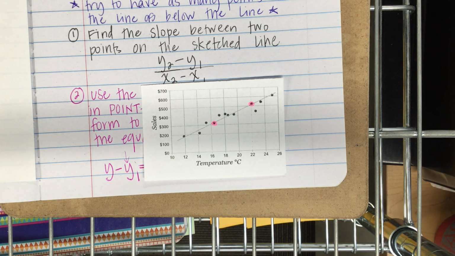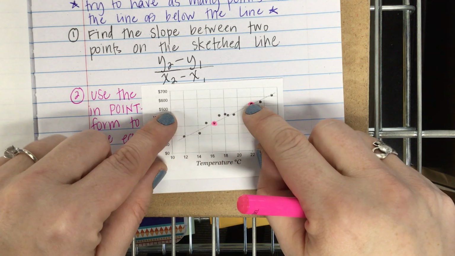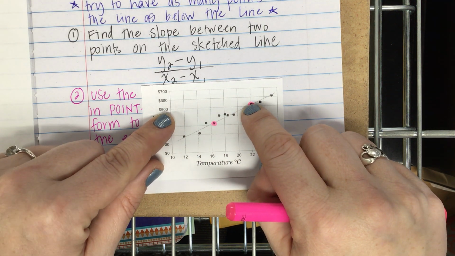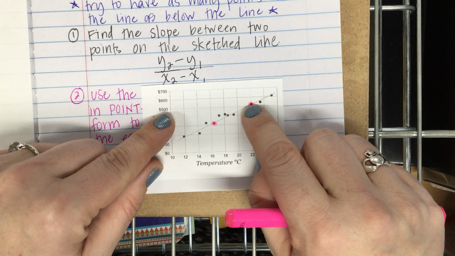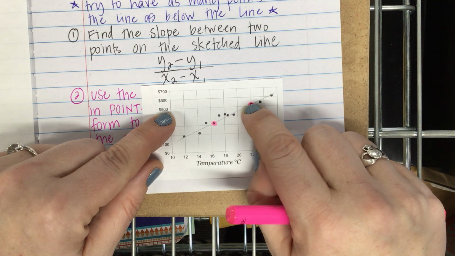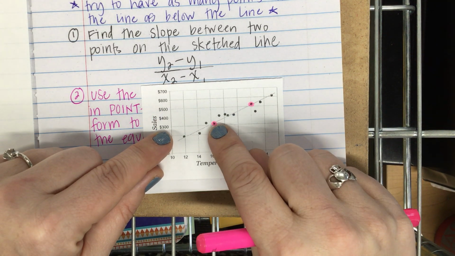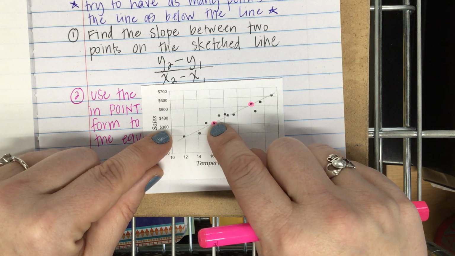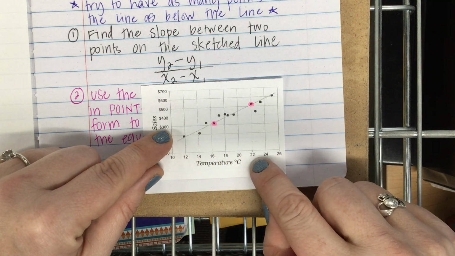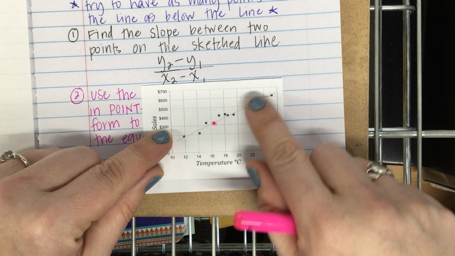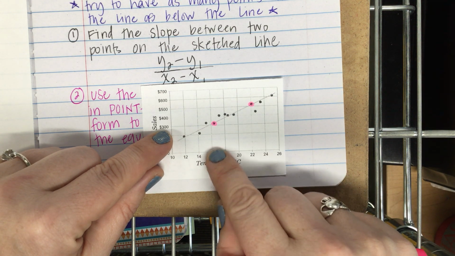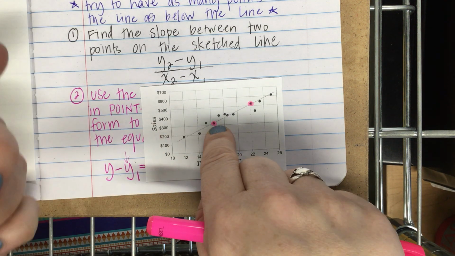I would do y, approximately 510, minus y, 305, over x, 22, minus x, 16.5.